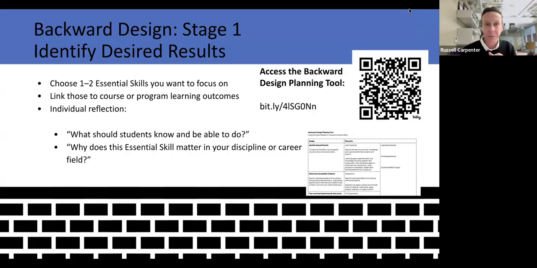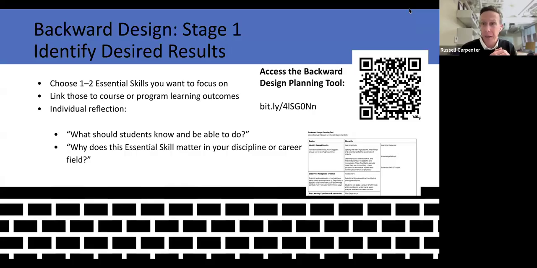So for this first stage, you want to focus on the essential skill that your course is designed to teach. Many of you are at institutions right now that are going through various and important exercises. For example, curriculum mapping. You're identifying the essential skills, how they align with general education or maybe your first year experience.